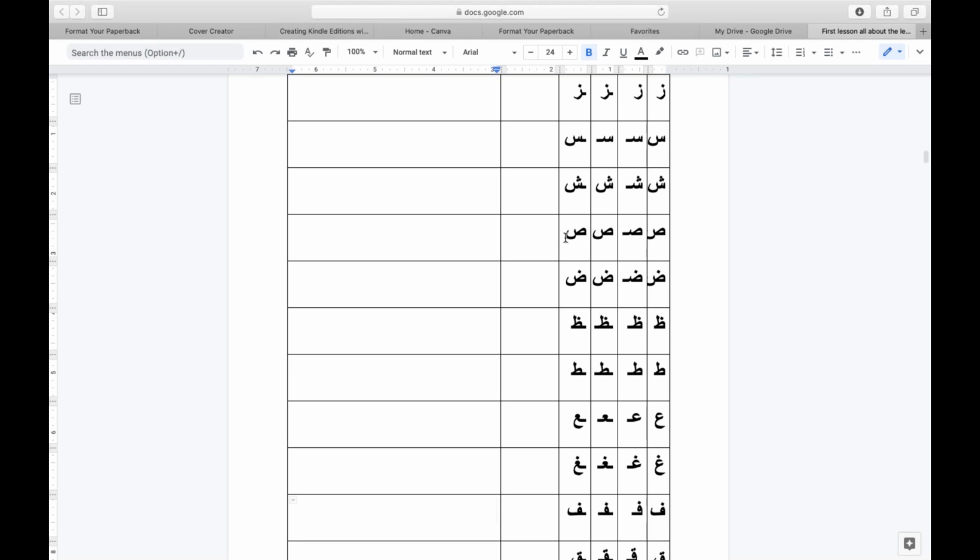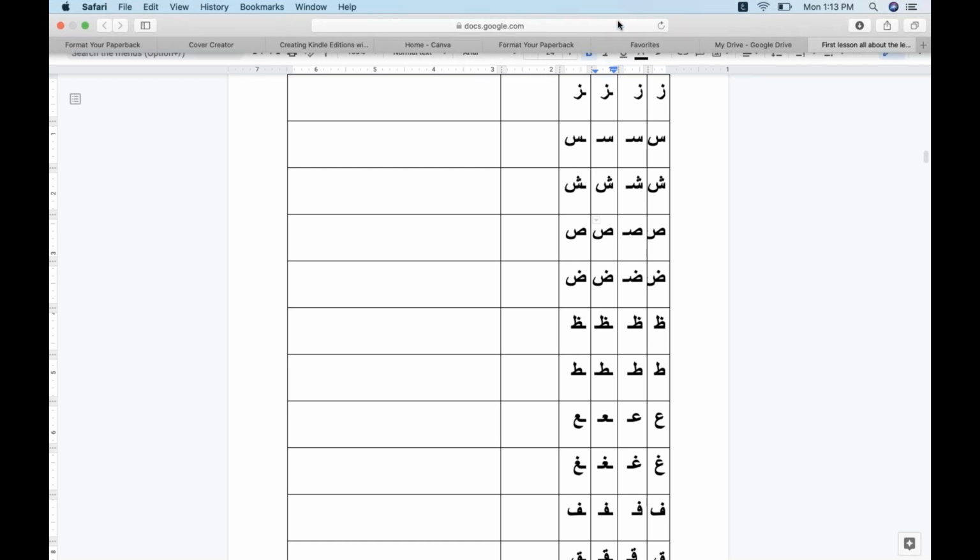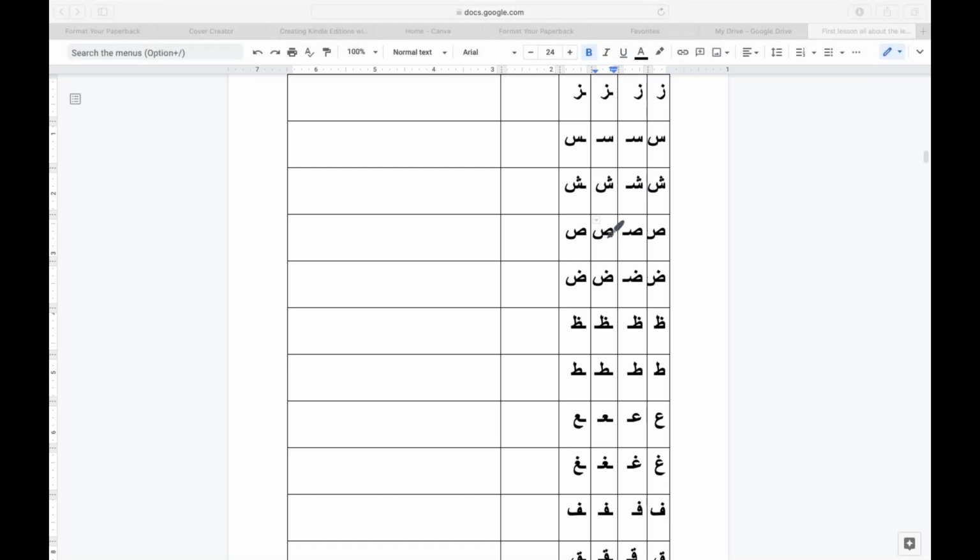Then I have the Sad. Sad has four different shapes: isolated, beginning, middle, and at the end. And here my laptop didn't let me give the Sad and Dad the exact look that it should be, so this is my opportunity to do it now. So Sad in the middle, guys, it should be this way.